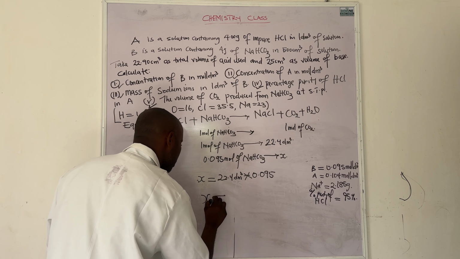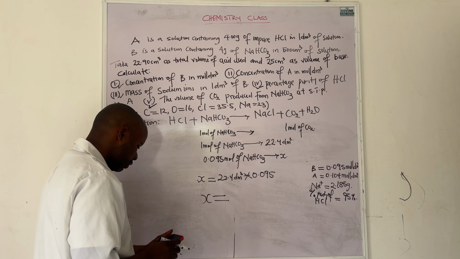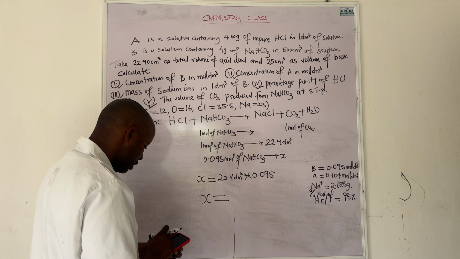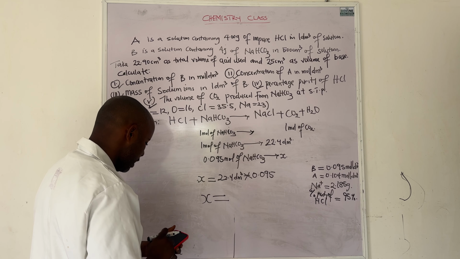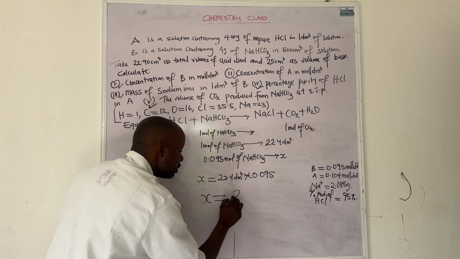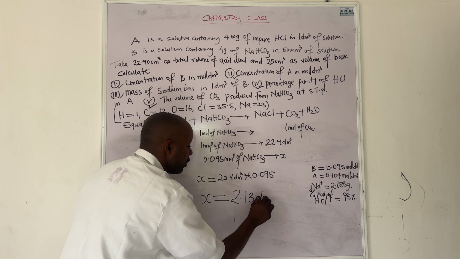So S is equal to 22.4 times 0.095. So it's 2.13 dm³.